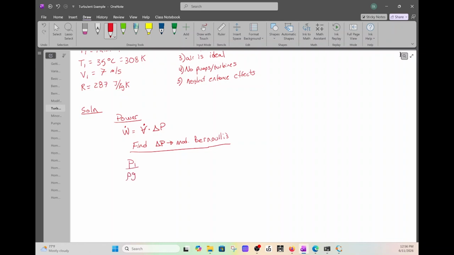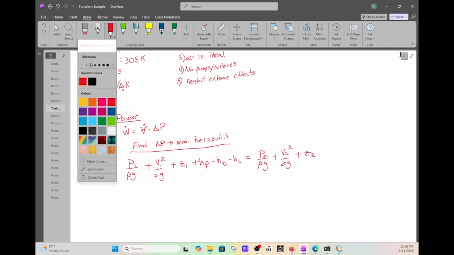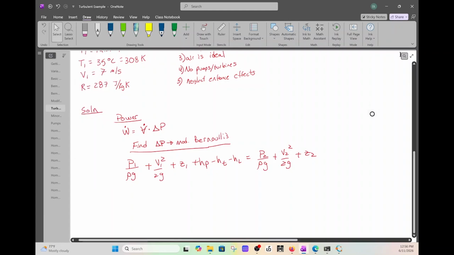P1 over rho g plus V1 squared over 2g plus Z1 plus HP minus HT minus HL equals P2 over rho g plus V2 squared over 2g plus Z2. So there is our modified Bernoulli's.